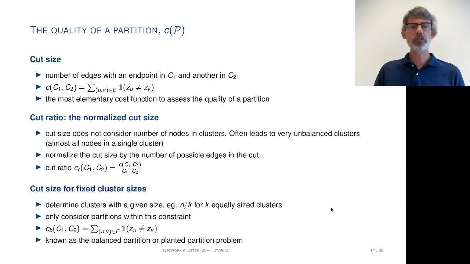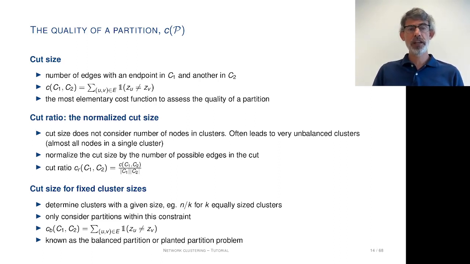So let's go back to our function C of P, the function that measures the quality of a partition. The most basic function that's been studied over 50 years is the cut size. The cut size basically measures the number of edges with an endpoint in C1 and another endpoint in C2, assuming here that we only have 2 partitions.